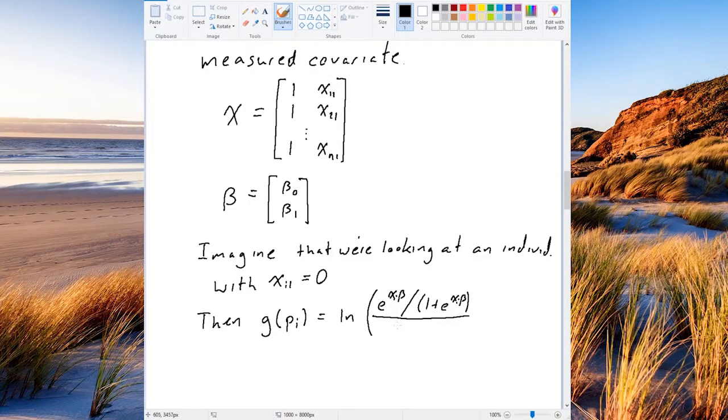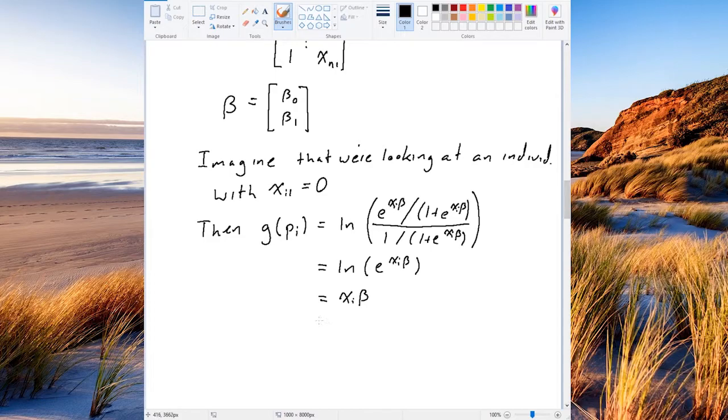And then remember, this is going to be 1 minus pi down here, so I'm going to have 1 divided by, same thing, 1 plus e to the xi beta. And so our denominators for those two fractions will cancel. This whole thing is going to turn into ln of e to the xi beta, which means this is going to be xi beta.